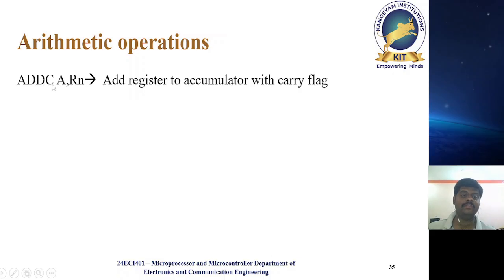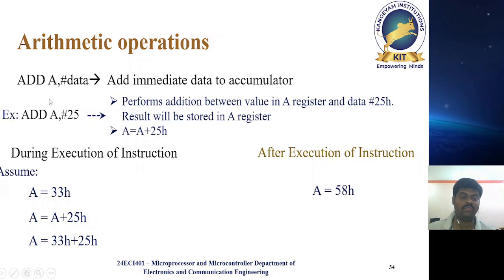So ADDC A comma Rn. In the previous instructions, whenever a result comes after addition, in all the instructions we have seen, the PSW will get affected according to the result.